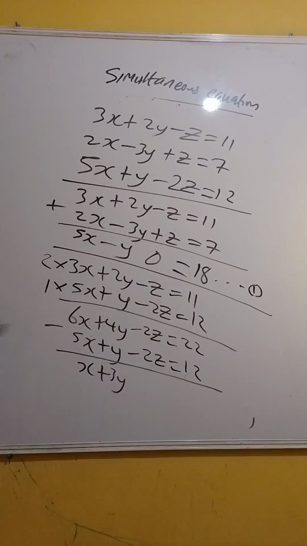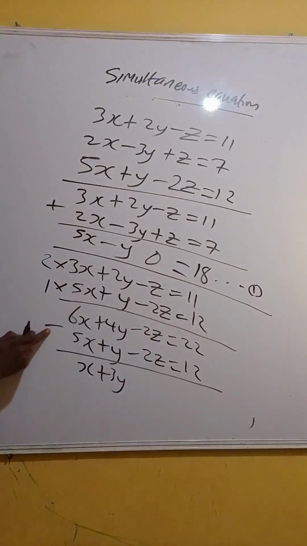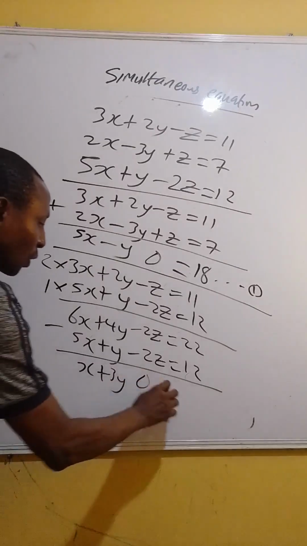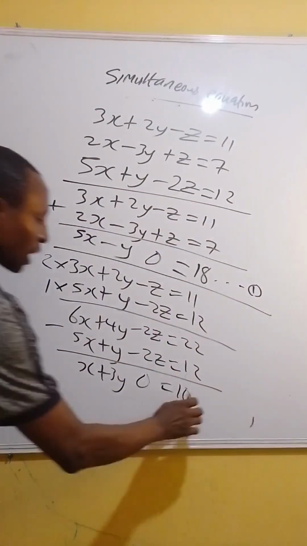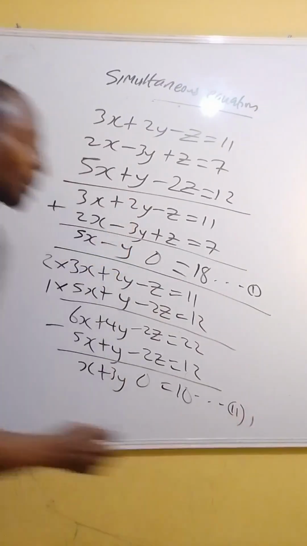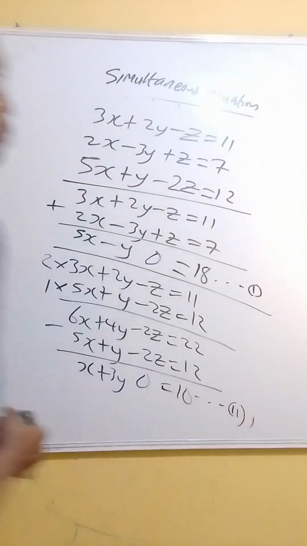Then minus 2z minus minus 2z will give me 0, equals 22 minus 12 will give me 10. Call this equation 2 proper. Now bring your equation 1 proper and equation 2 proper together so we can solve them to get what we are looking for.